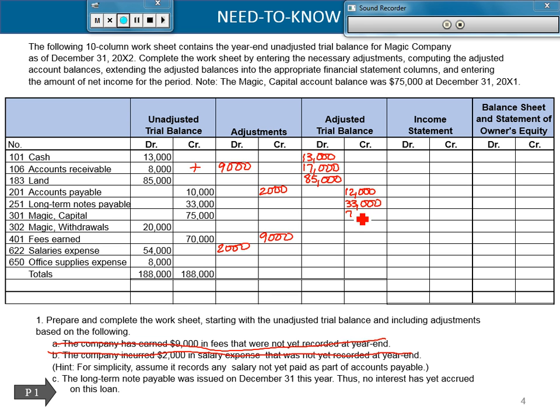Capital, debit 20,000. Withdrawals, 40,000. That's on the left side. Yeah, withdrawals always increase in the debit, right?